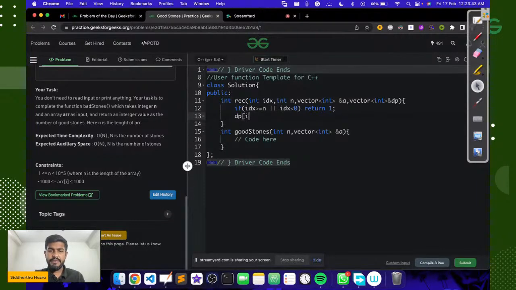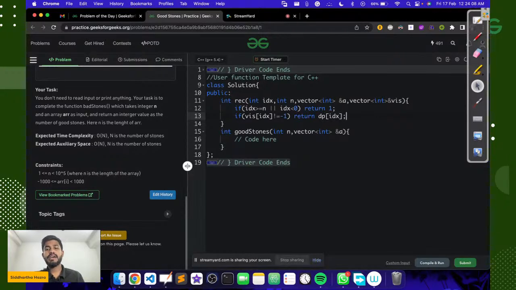Let's not name it the dp array, let's say the visited array. So if the visited array of this current index is not equal to -1, then return dp of idx.